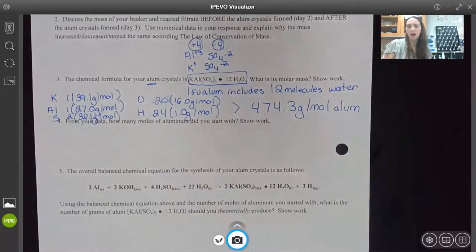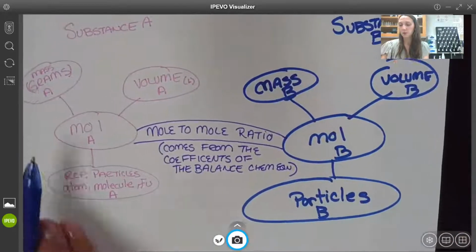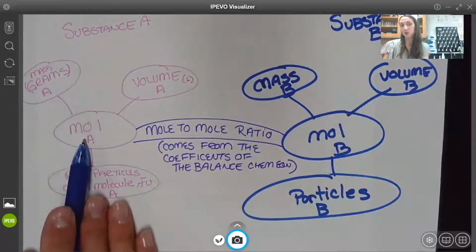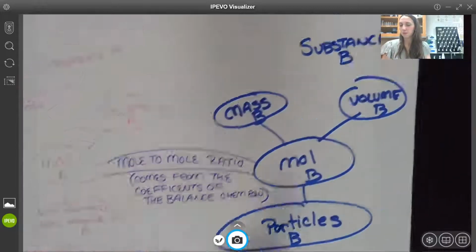Next up, from your data, how many moles of aluminum did you start with? Show your work. So now what we're going to start doing is our grams to mole process. And what I'm looking for is a mole island to show you guys. We know the grams of aluminum. Now this is asking us to go to moles of aluminum. That's this next question.